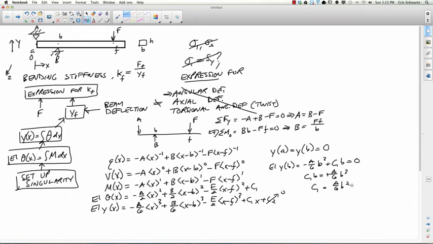So if we put C1 in terms of F, which is kind of the goal here, you can do some manipulation. First, let's figure out what A is. We can put A in simplest terms. That's going to be distance F over distance B minus 1, is one way to put that.